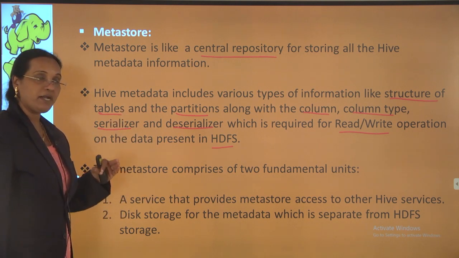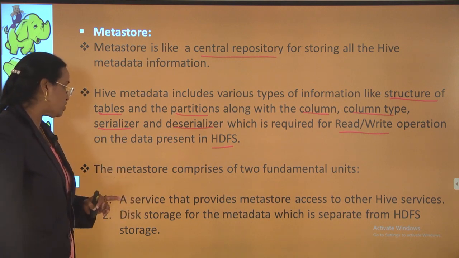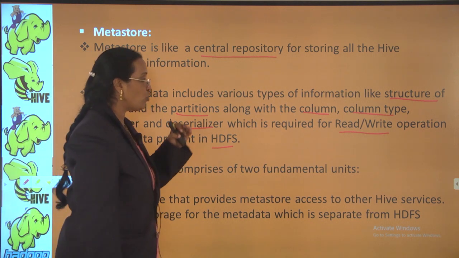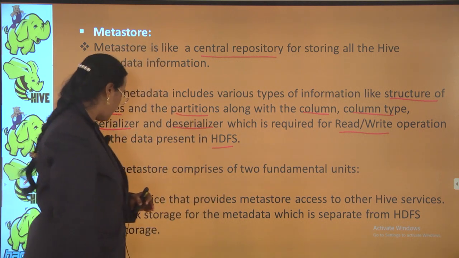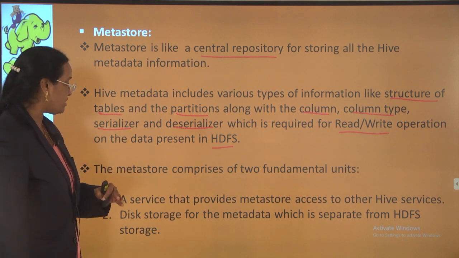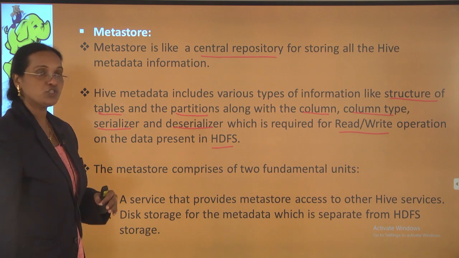The Metastore basically consists of two units. The first unit is a service which provides Metastore access to other Hive services. The second fundamental unit is disk storage for the metadata, which is separate from HDFS storage.